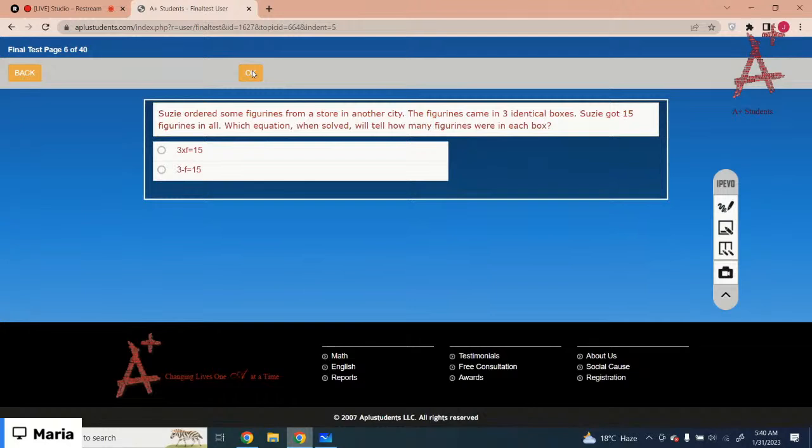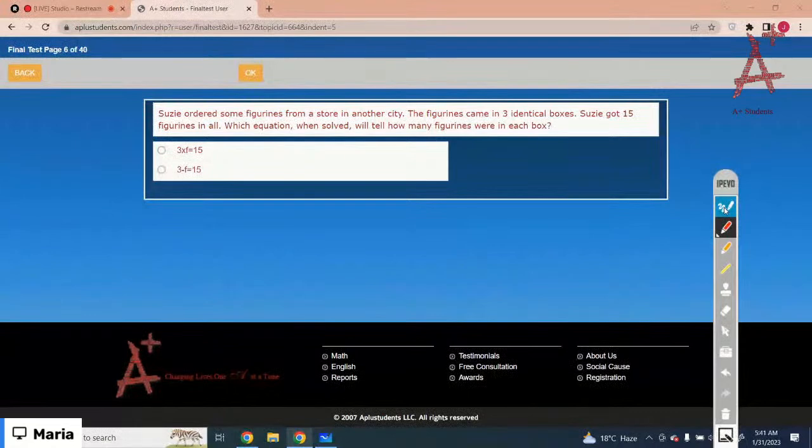Susie ordered some figurines from a store in another city. The figurines came in 3 identical boxes. Susie got 15 figurines in all. Which equation, when solved, tells you how many figurines were in each box? So she has 3 identical boxes, and in all 3 boxes she has 15 figurines.